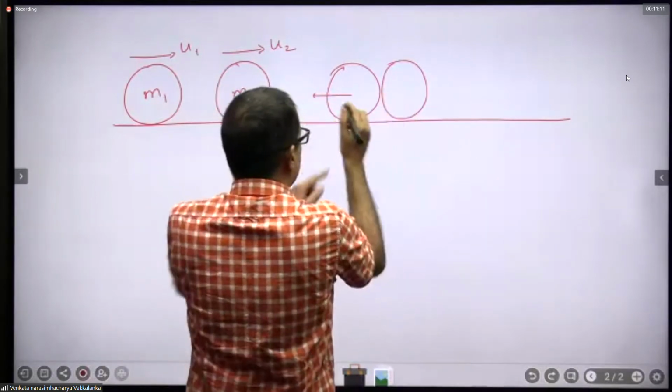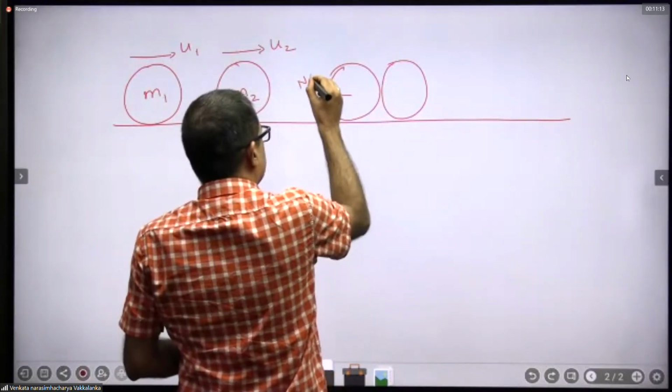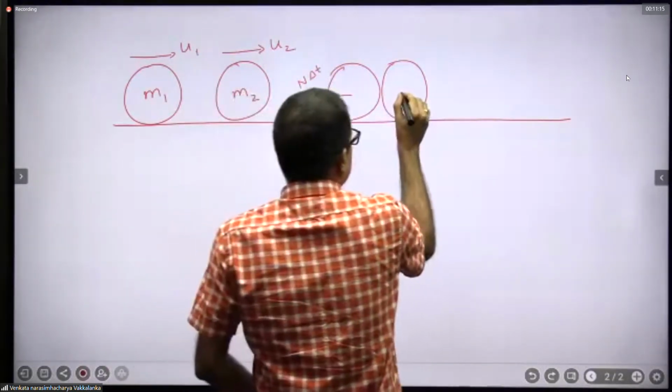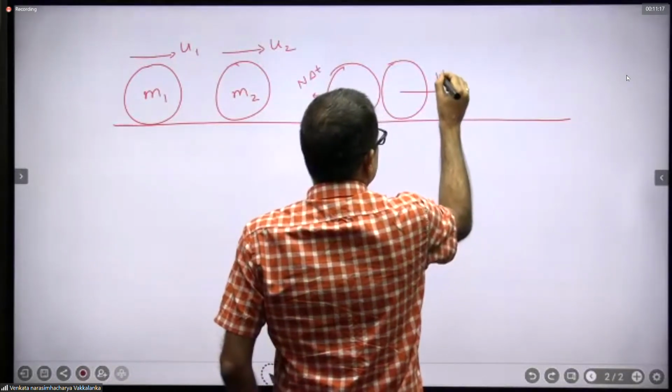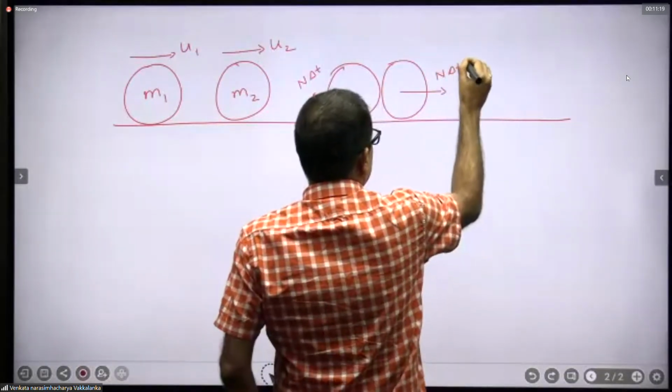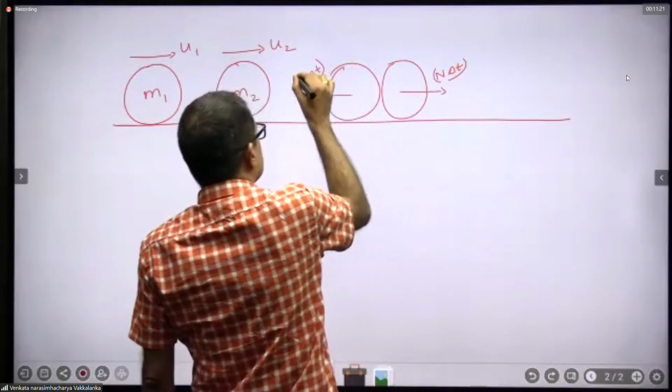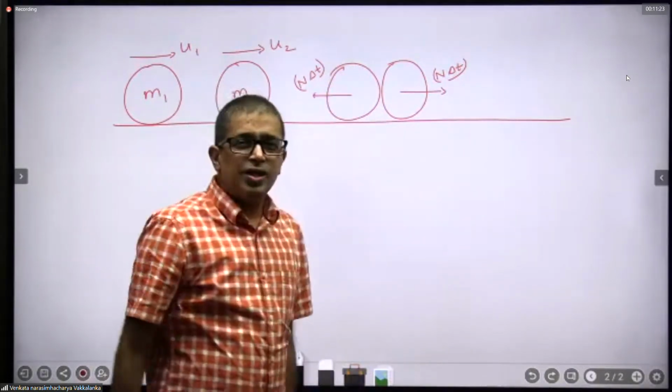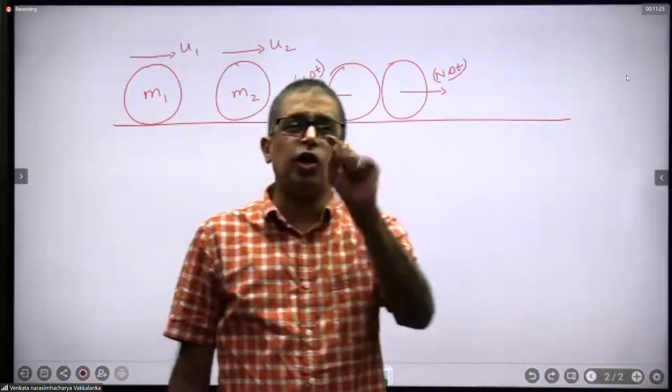When both bodies come in contact, this is N delta t and this is N delta t. What is this N delta t here? N is a normal force.